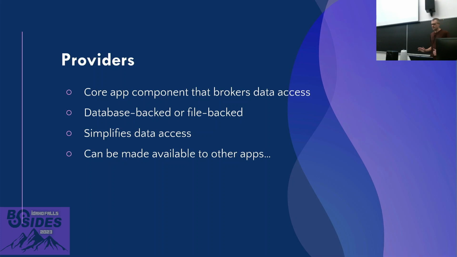Content provider data can be database backed or it can be file backed. If it's database backed, then there's usually a SQLite database somewhere within the app's files. The app is storing data in there, and it uses a content provider as a way for other apps to access the data without having to know everything about how that database is structured. File-backed content providers are usually storing files on disk, and then they use the content provider framework to allow other apps to just read the files.